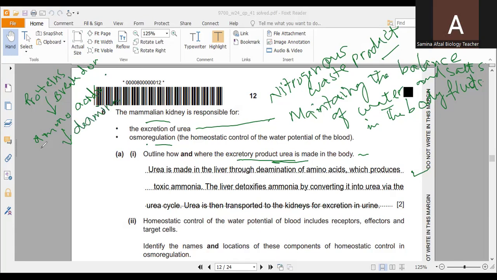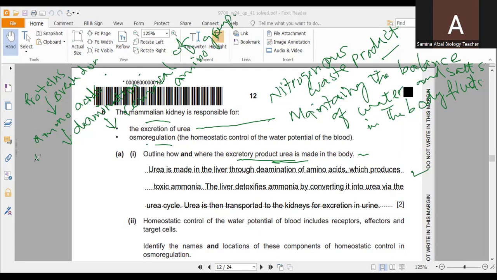deamination. Deamination takes place in the liver. Deamination means removal of the amino group from the amino acid.